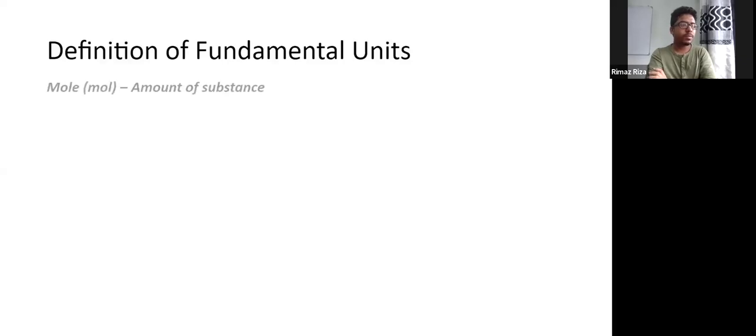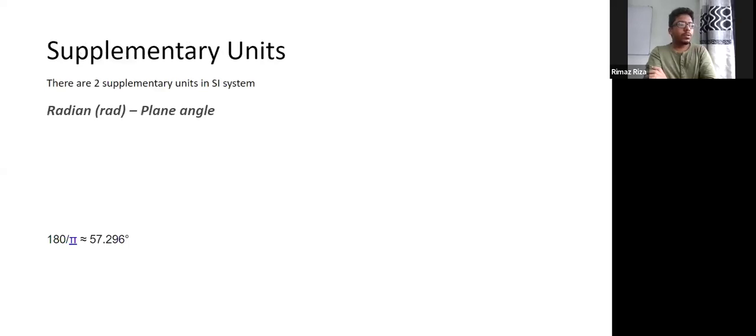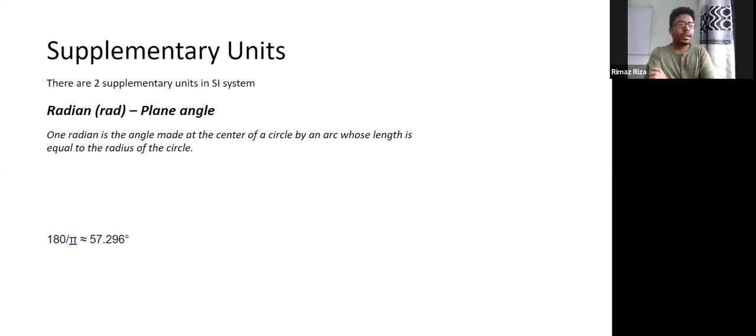So we'll go to that. The two supplementary units: radian is used to measure plane angle. So 1 radian is equal to 57.3 degrees. 1 radian is equal to 57.3 degrees.